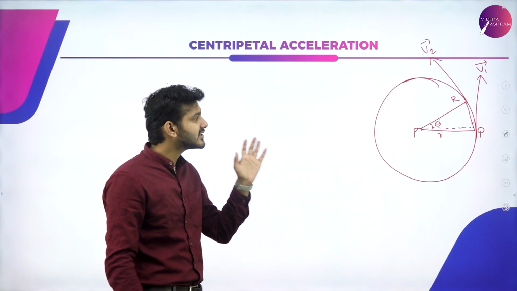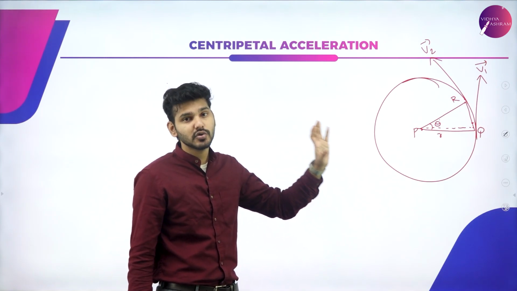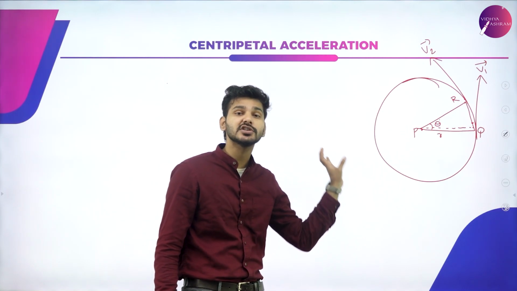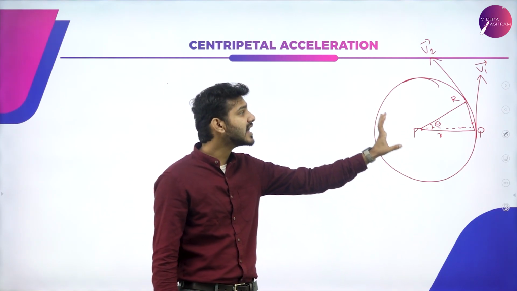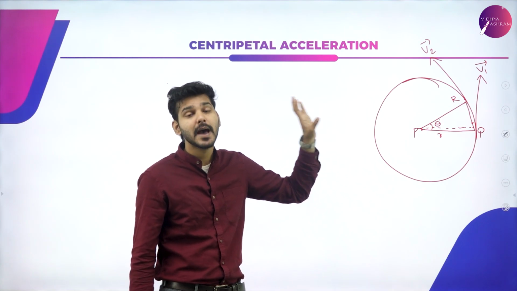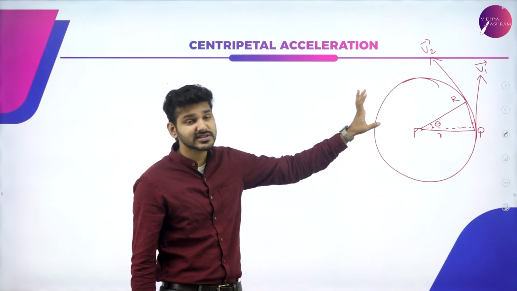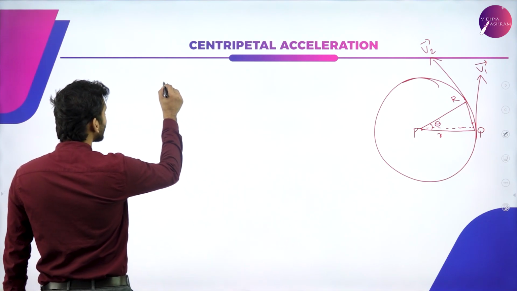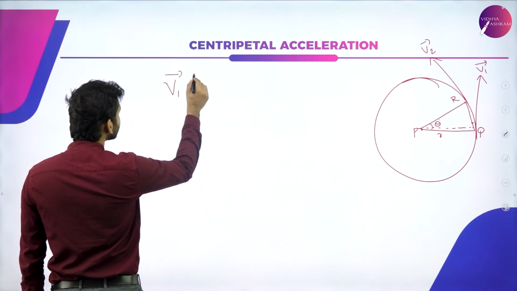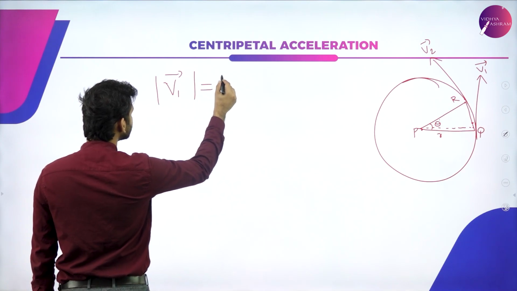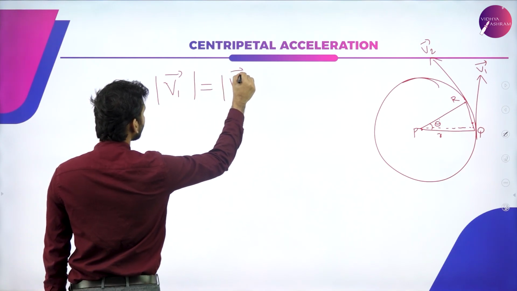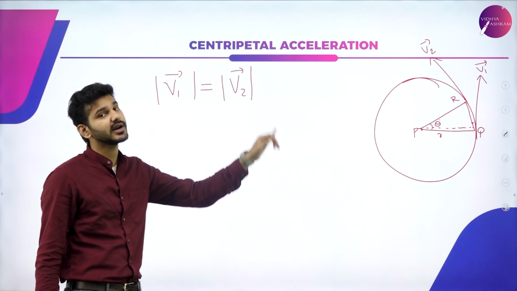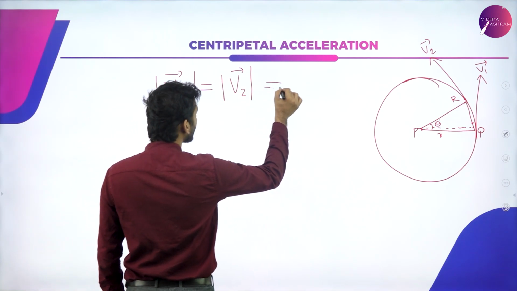That is, it is executing a constant maneuver with constant speed, or simply a uniform circular motion, and the speed is the same, which means the magnitude of that velocity is the same but the direction is different. So we can write that the magnitude of vector v1 is equal to the magnitude of vector v2. Let's call it v.